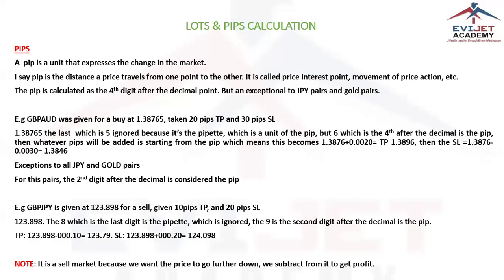So 1.3876 plus 20 pips. You can see that 20 pips is calculated as 0.0020, which is equal to 1.3896. So your take profit now is 1.3896. Then your stop loss is 1.3876 minus 30 pips. And the 30 pips here is 0.0030, which gives 1.3846.